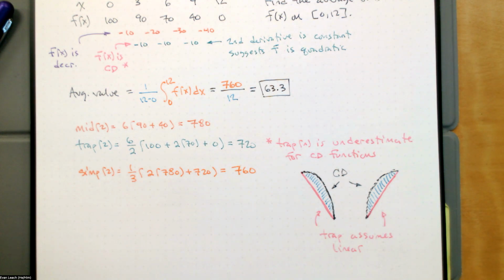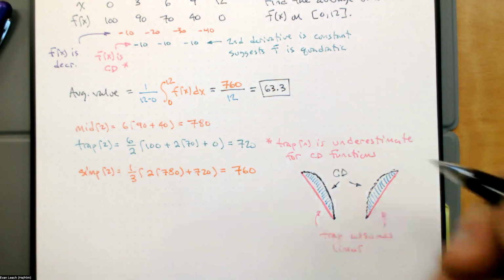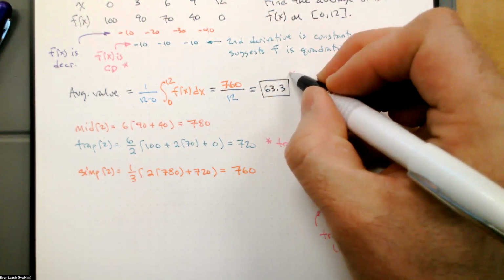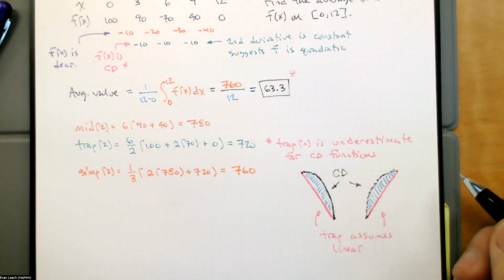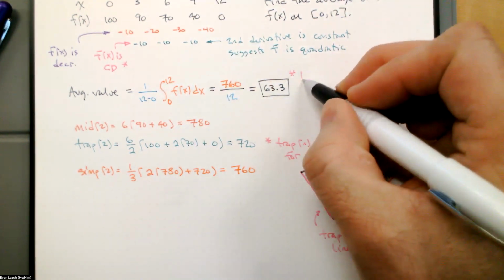So there's another observation that we want to make. The higher scores are weighted more because the function is concave down. So this is another aspect of the concave down part of the function.